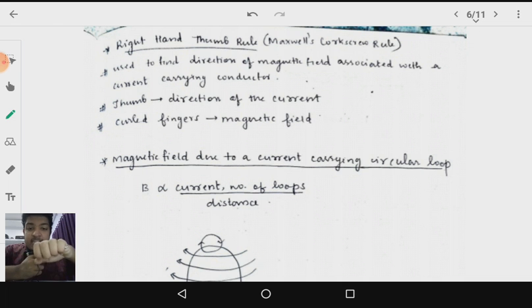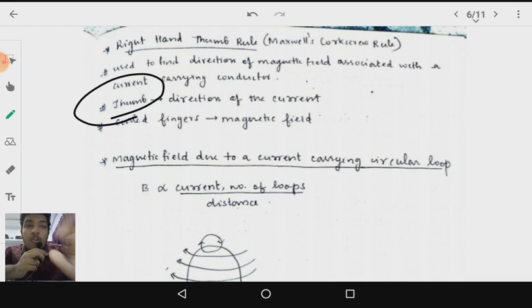Now you can see that these fingers are curling inwards again, and this is going to be the direction of magnetic field, that is from here to here. So this is how you predict the direction of magnetic field using the right hand thumb rule.